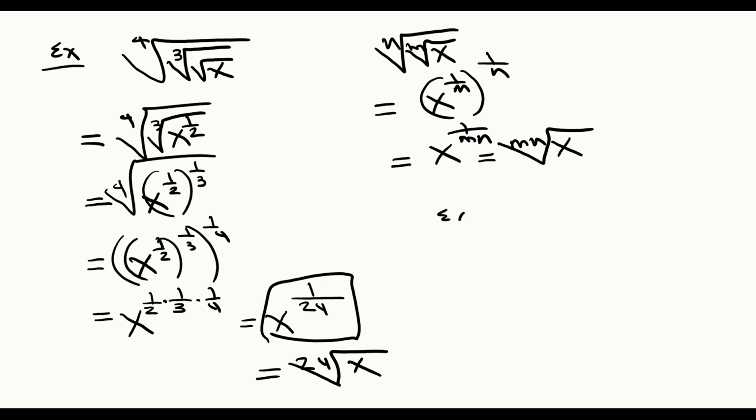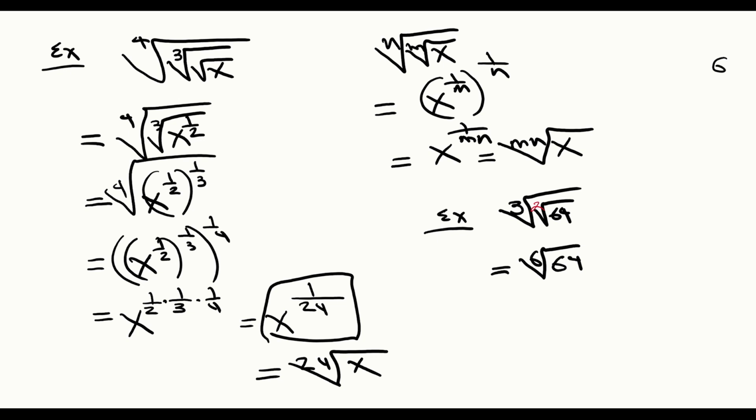So for instance, just as a numerical example, what if we have the cube root of the square root of, say, 64? So we realize, even though nothing is written here, there's a 2 there. So we know that this means we can multiply the 3 and the 2 and just get the 6th root of 64.